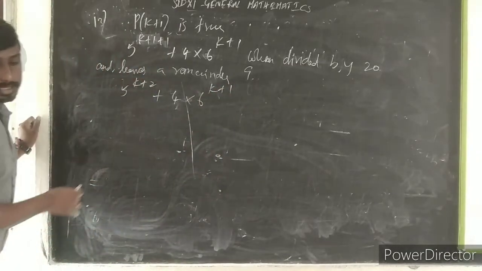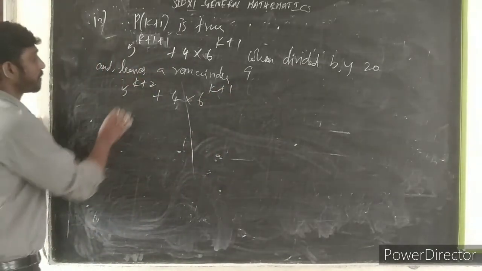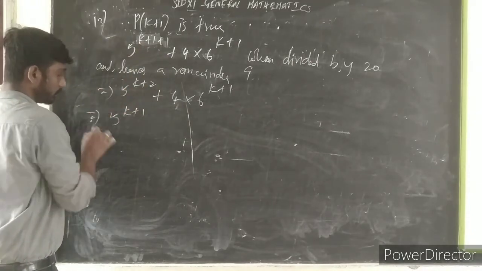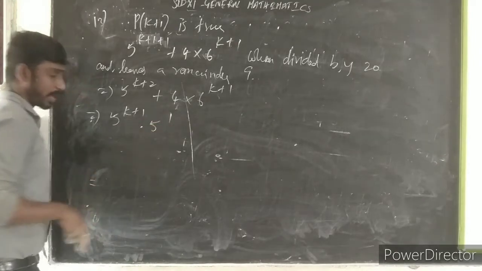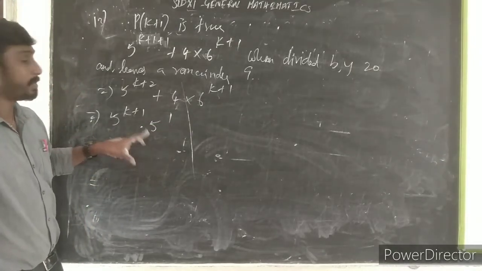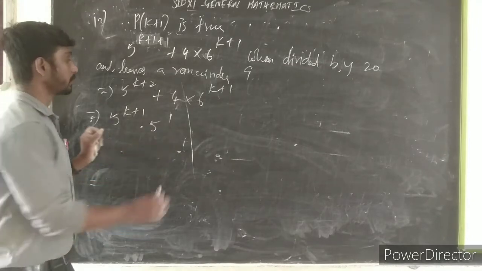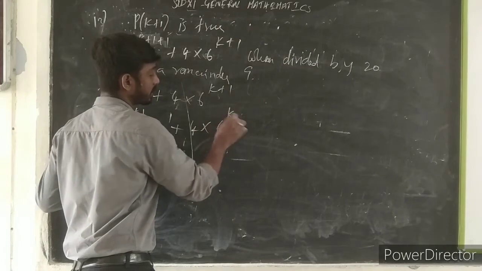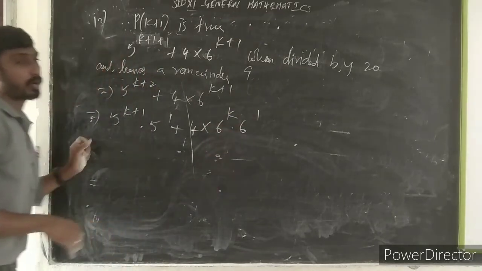You will split it up like this: 5 power of k plus 1 into 5, because the power will be added. Then comes 4 into 6, which we write as 6 power of k into 6 power of 1.